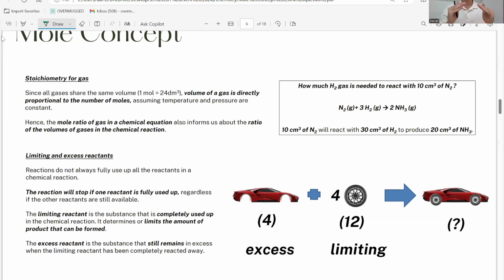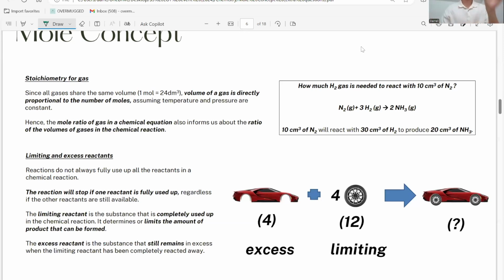Can follow? Yeah, I bring you another level. Upgrading. You go back up, right, and take a look at this statement over here. The other concept that is highly linked to excess and limiting is your mole concept for gas. Let me simplify this for you. When you're dealing with gases, it doesn't matter which gas you are. Your Mr is irrelevant to me. Why?